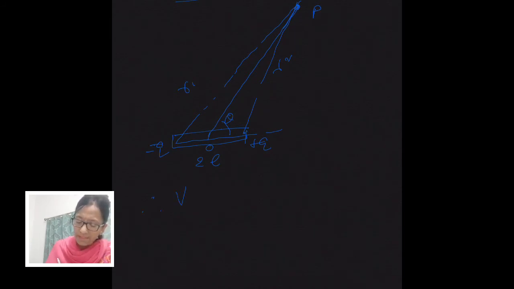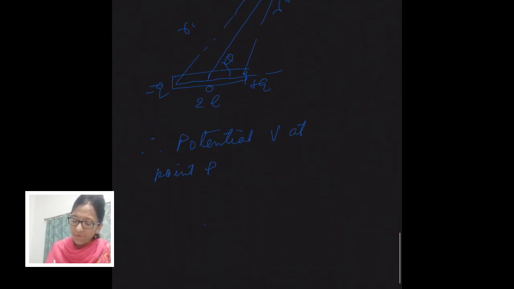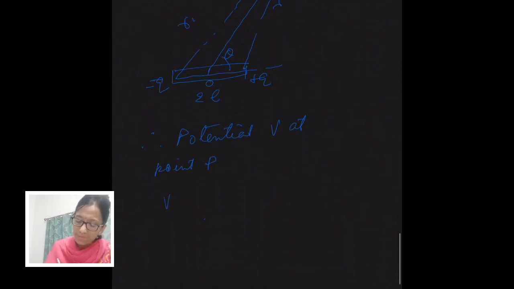Therefore, potential V at point P will be, as before, V due to negative charge plus V due to positive charge.